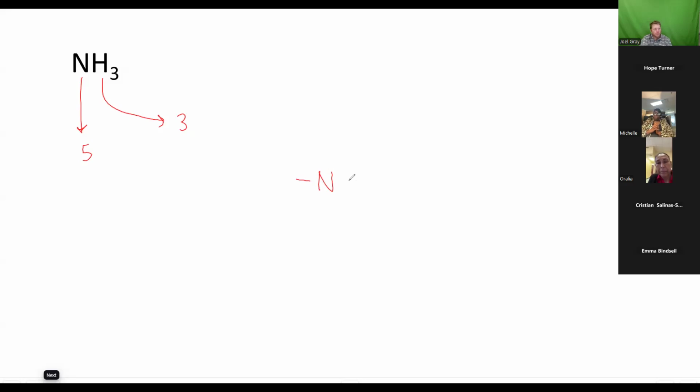Then I draw basically this bare bones structure. Am I done? And if I'm not done, then what can I do to make this a good structure?